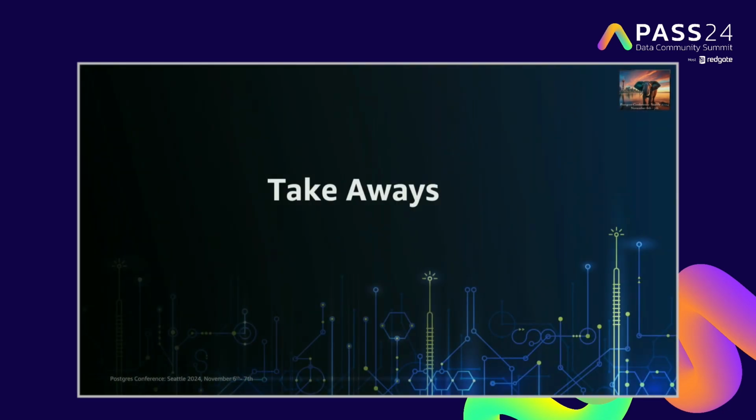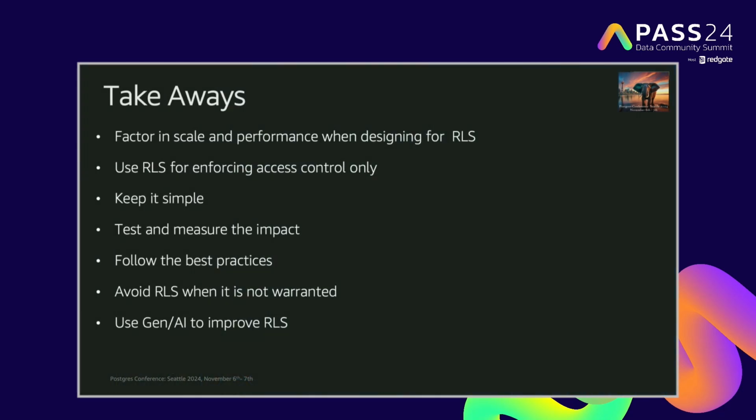So some of the takeaways really: factor in the scale and performance when you're designing for RLS. Use RLS for enforcement of access control only, and not as your main access control mechanism by design. Keep it simple. Test and measure the impact, right? As your database grows and evolves, you may want to make sure that you measure the impact of RLS.